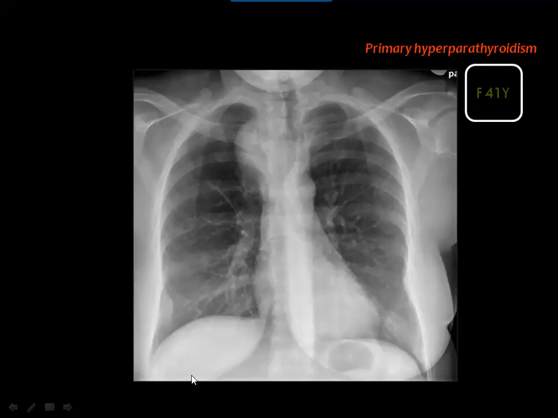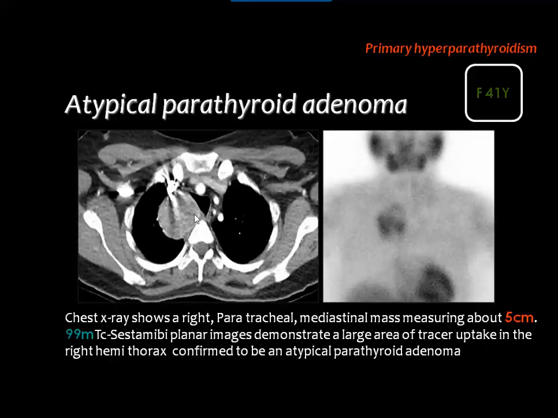And this is an example of a patient with hyperparathyroidism and a sizable parathyroid adenoma, which is located in the mediastinum. The CT scan of the same case showed a mass in the right paratracheal area, and the delayed sestamibi scan showed persistence of the isotope within the parathyroid adenoma.